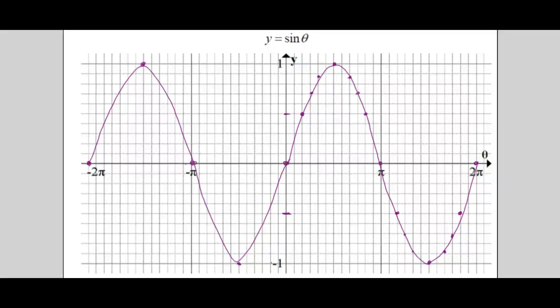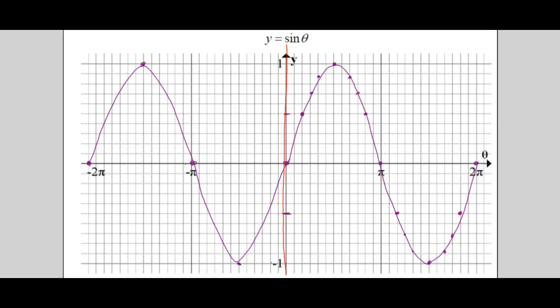If I moved you over to the right, you would be this curve, or if I moved you to the left, you would be this curve. Sin θ and cos θ are both called sinusoidal. That type of curve is sinusoidal.